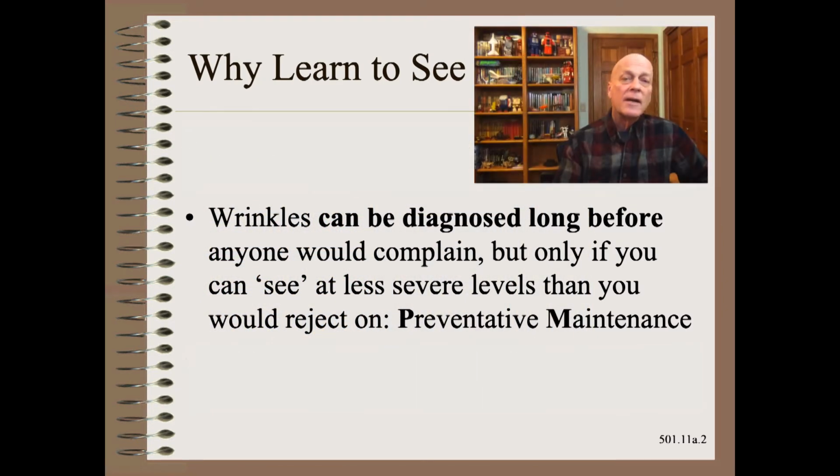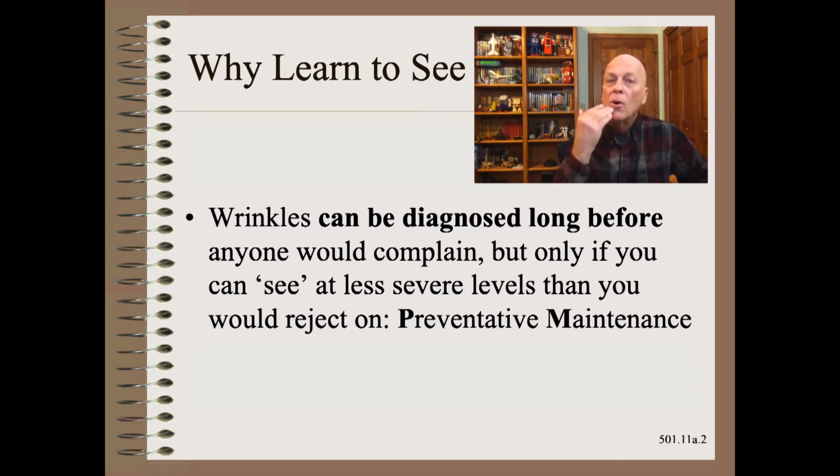Second is that wrinkles can be diagnosed long before anyone would complain, but only if you can see at less severe levels than you would normally reject on. A close analogy is preventative maintenance, which seeks to avoid unnecessary downtime by getting ahead of the imminent failure mode.